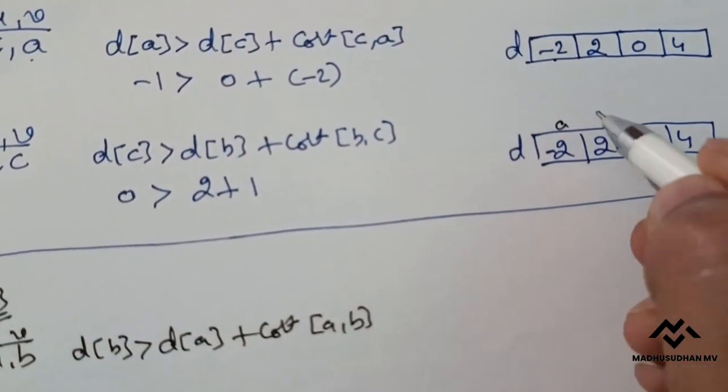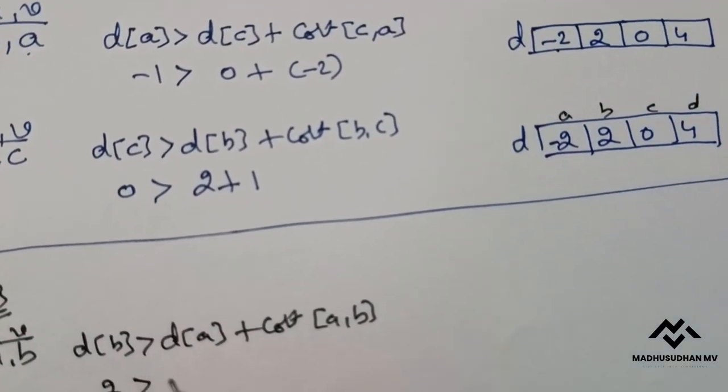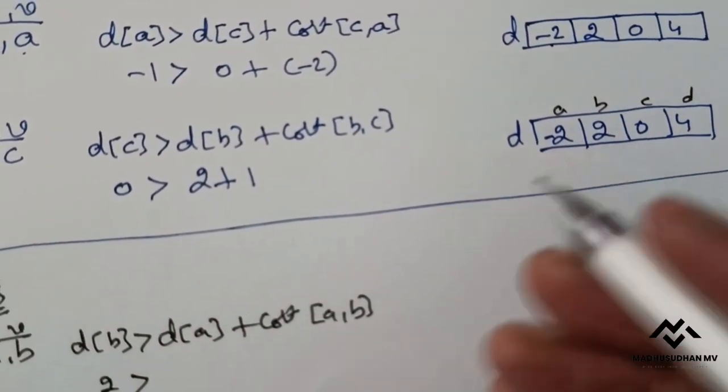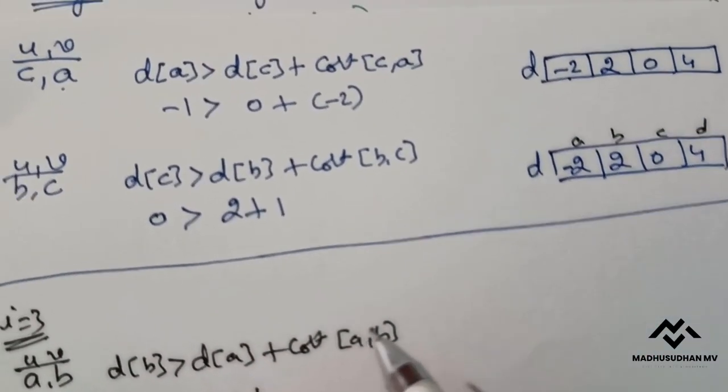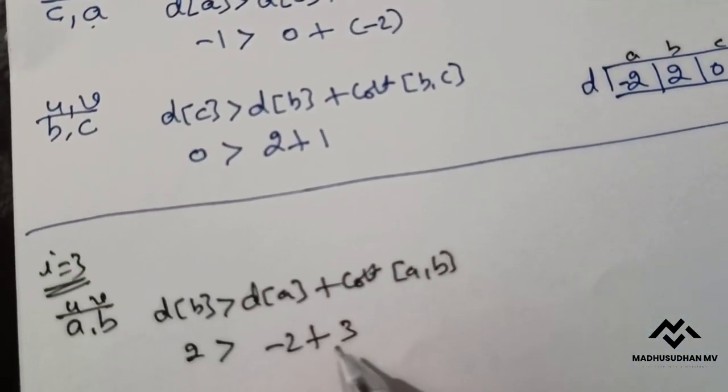See, this is my A, this is B, C, D. So distance of B is 2 greater than distance of A is what? Minus 2 plus cost of A to B. Cost of A to B is what? 3. So minus 2 plus 3, minus 1.